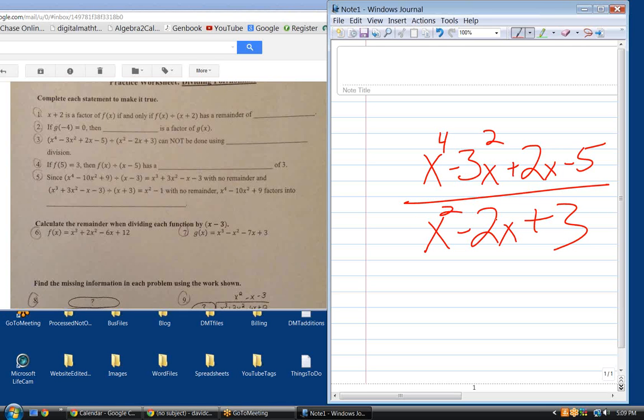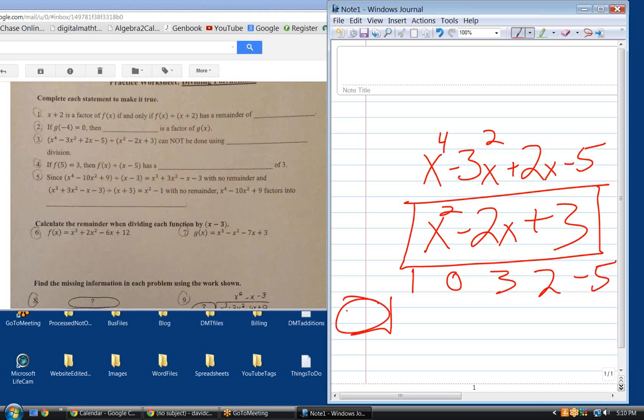Because synthetic division requires you to divide by a linear term. You know how you set the box up and you put the coefficients across the top? Yeah. Like that? Well, I can't put a quadratic in there. Right.